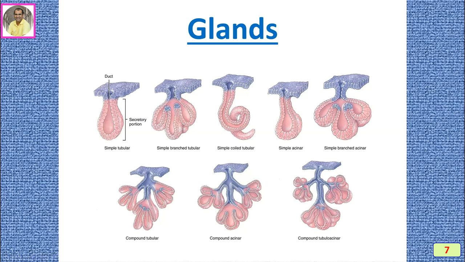One of the best examples is the udder, which is a gland that secretes milk and is a simple branched tubular type of organ. There are also simple coiled tubular, simple acinar, branched acinar, compound acinar, compound tubular, and compound tubulo-acinar glands. These are the main anatomical structures of the different glands present in the body.